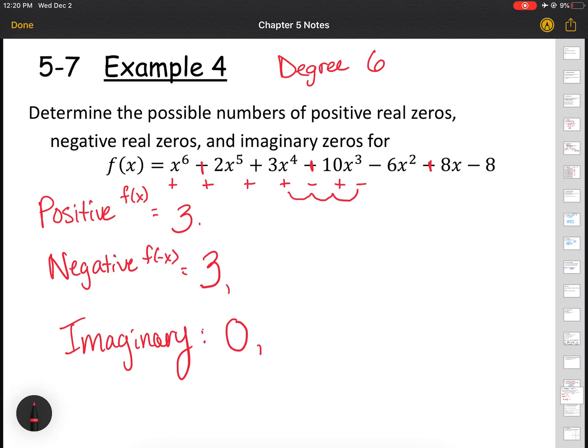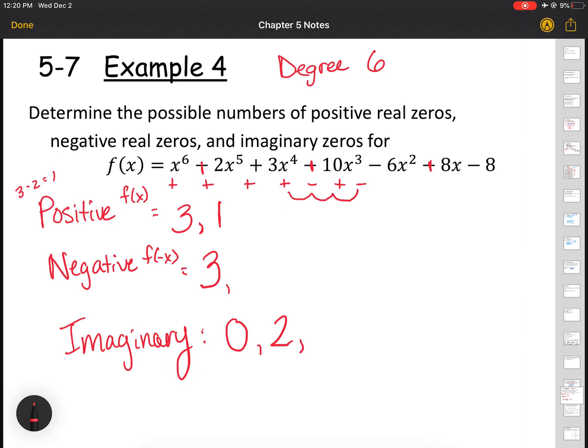Or say I only had 1 positive, because that is less than that number by some even number, because the next even number below that is 2, so 3 minus 2 gives you 1. So what if I had 1 positive, 3 negative? That would only give me 4, so I need 2 more to make 6, so 2 imaginary.